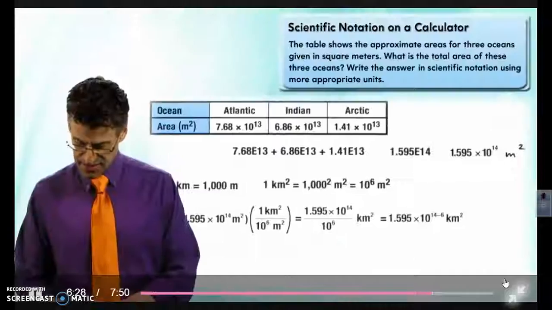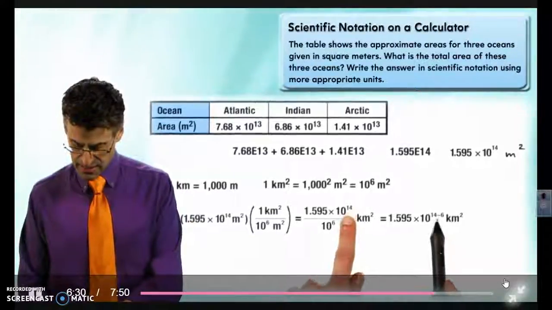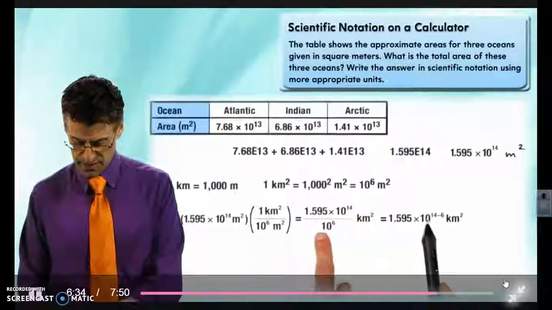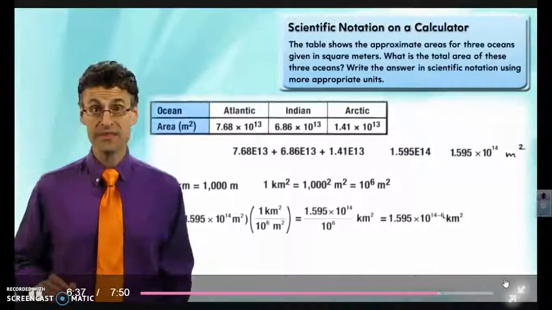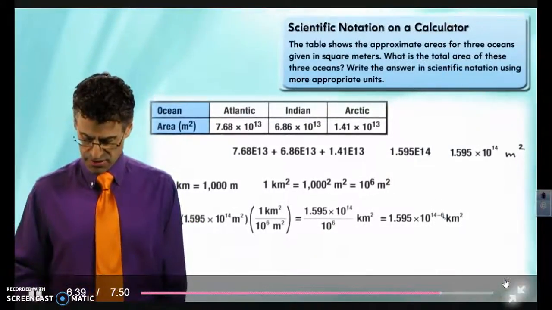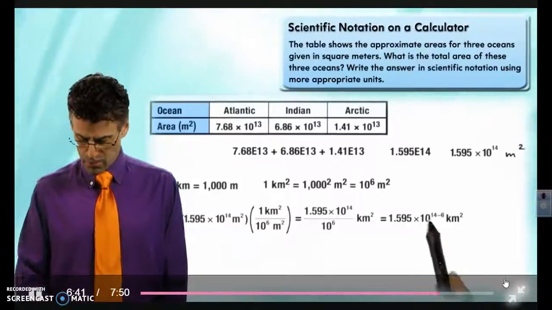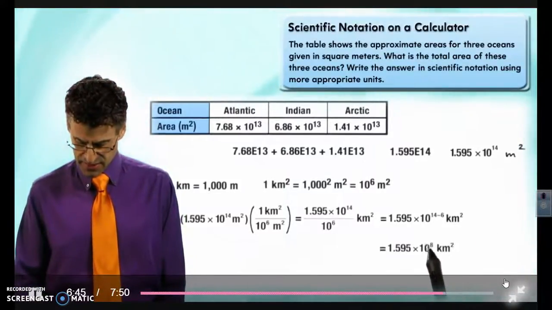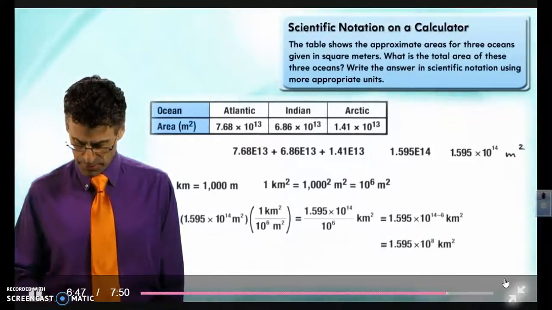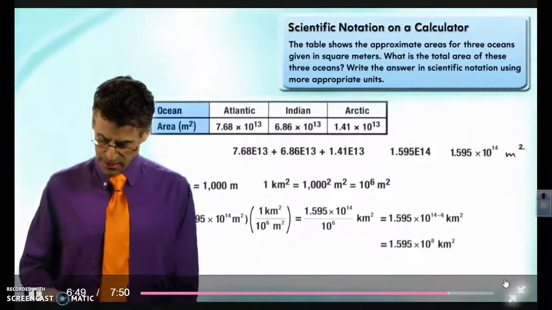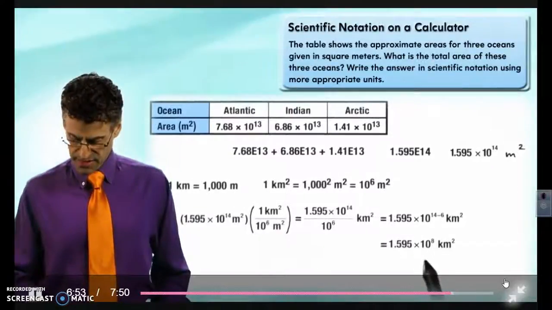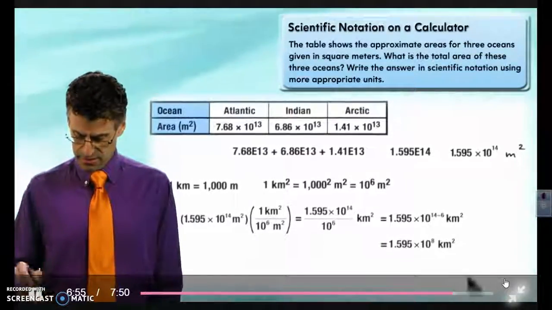But now check it out. You see how it's 14 minus 6, because it's 10 to the 14th divided by 10 to the 6th. We subtract the exponents here, and the units are still kilometers squared. And now, what is 14 minus 6? Well, of course, that's 8, and so I can now write my answer in more appropriate units, in kilometers squared, as 1.595 times 10 to the 8th kilometers squared.